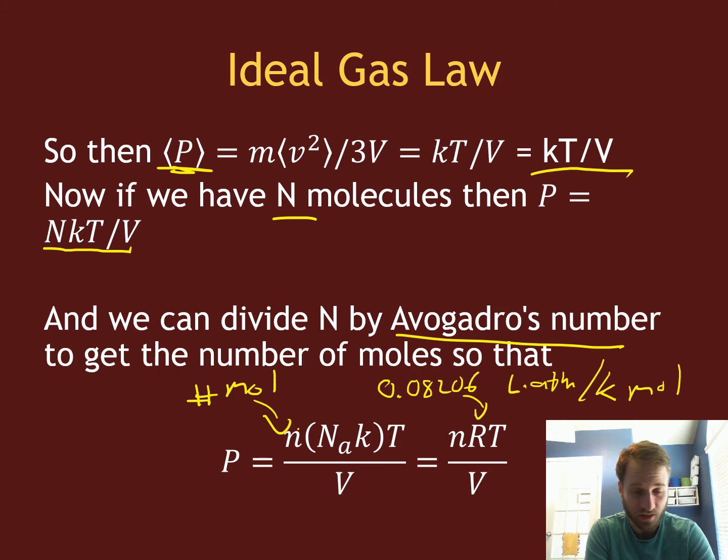Our ideal gas constant is just related to k, the Boltzmann constant, times Avogadro's number, literally. And that is our ideal gas law, PV equals nRT. We derived this just from the Boltzmann distribution function and some simple Newtonian mechanics in this problem.